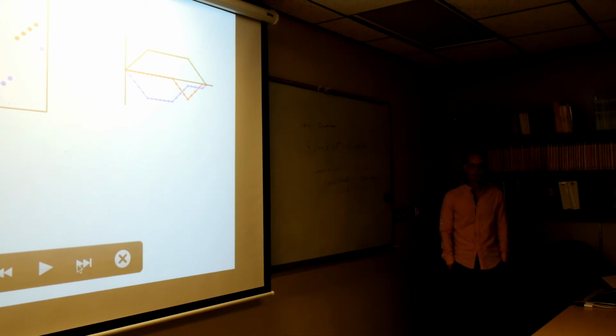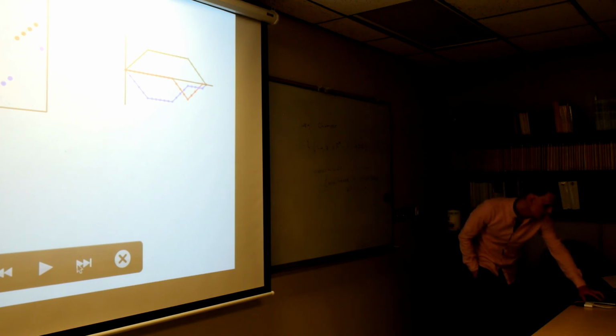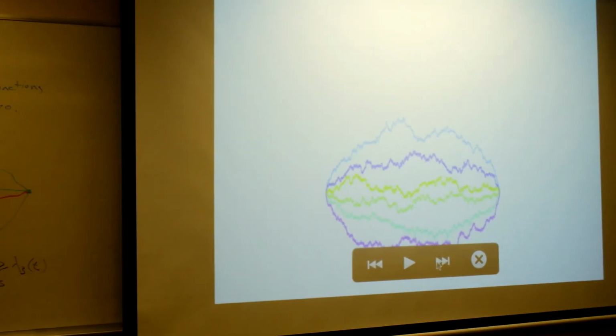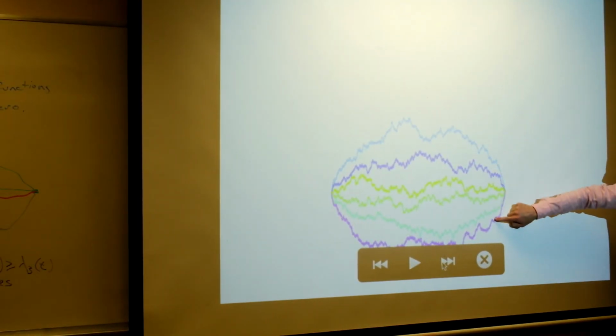On the very first slide, is it the permutation for some bigger k? Oh yeah, so let's go back. So here, this is for d equal to 6.